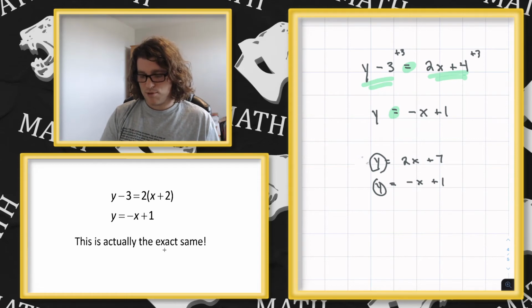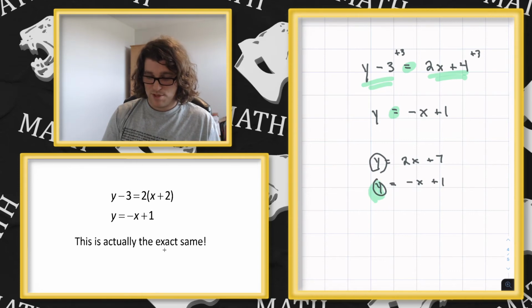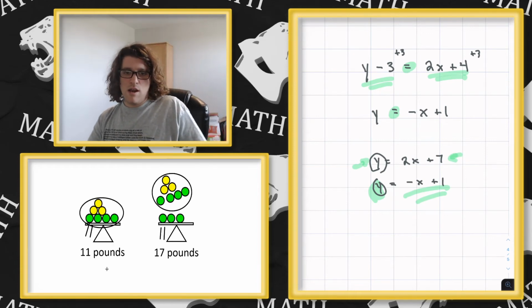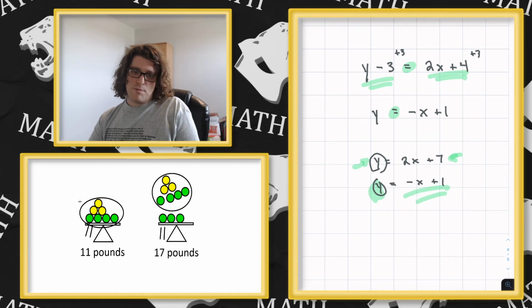So if I subtract this y here from this y here, then I have to subtract this stuff from this stuff. Because just like we did here, where you took away this group of balls that was 11 pounds, we subtracted the balls in both, like in this case over here, we subtracted the 3 yellow and the 4 green from the big pile, but we also subtracted the 11 pounds from the 17 pounds.